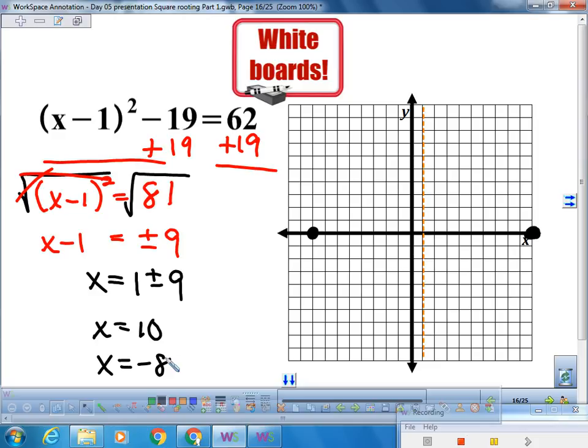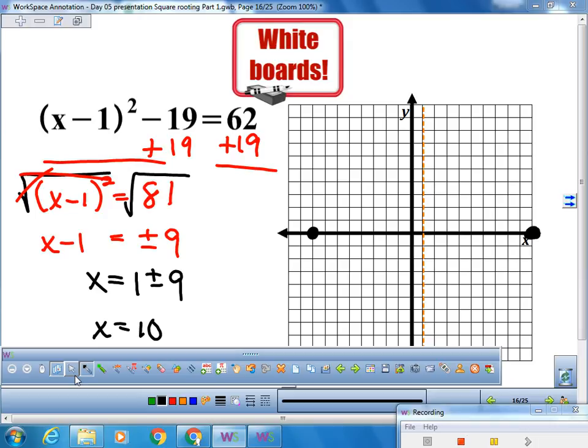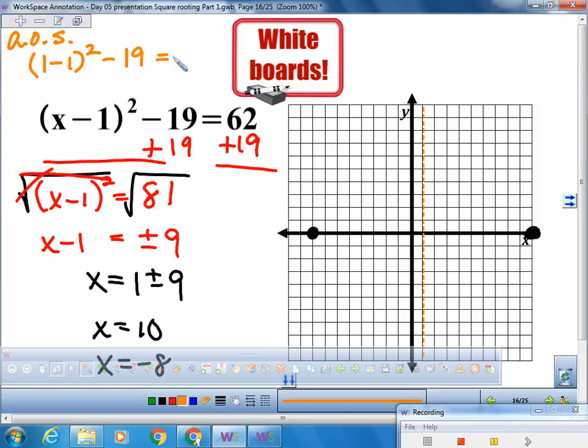So if you plug in 1 here, let's do it. Let's find the symmetry. Minus 1 squared minus 19 equals 62. So we'll say 81.